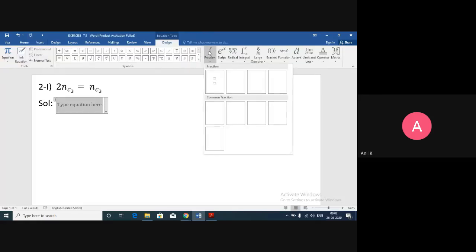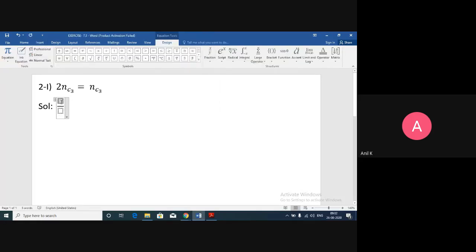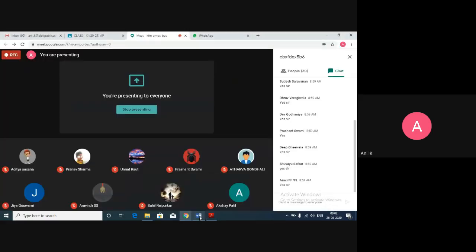So what is the formula of nCr? n factorial upon n minus r factorial into r factorial, right?